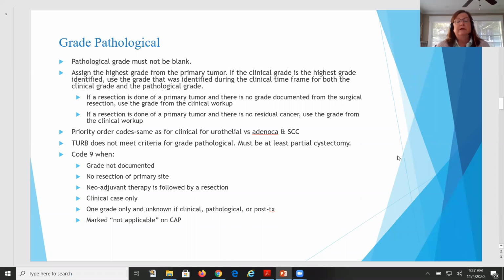Code 9, when the grade is not documented, no resection of primary site, neoadjuvant therapy followed by resection, clinical case only, one grade is given and you don't know if it's clinical, pathological, or post-therapy, or the grade is marked not applicable on the CAP.